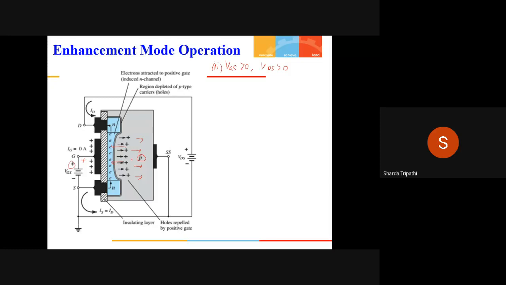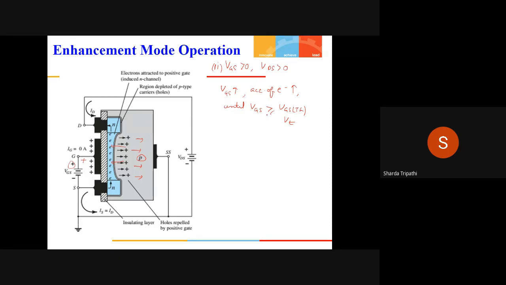Now if you go on increasing the value of VGS, the accumulation of electrons keeps on increasing, and this increases until you have the gate source voltage greater than or equal to some threshold value VGS(th). Sometimes this is also denoted as V threshold, that is V small t.